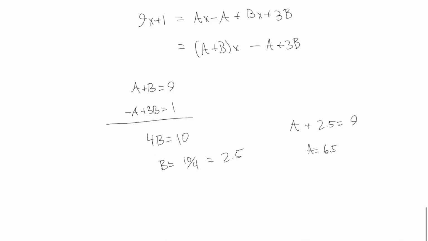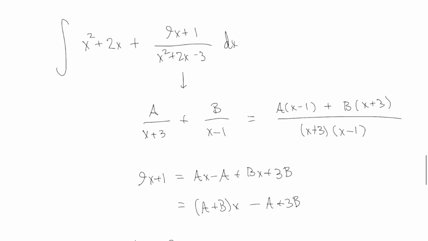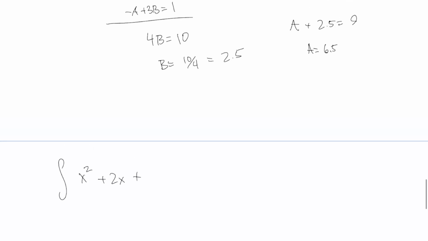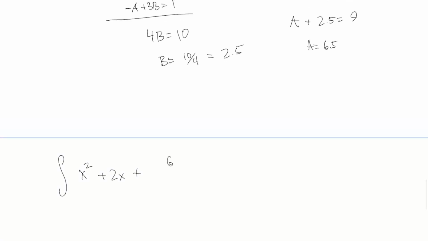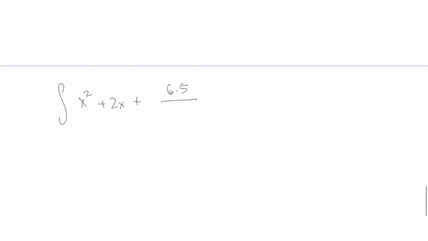Okay, so we're pretty much done with the hard part, right? So my integral then, the quotient part was x squared plus 2x, and then my partial fractions part turned into 6.5 over x plus 3 plus 2.5 over x minus 1, like that.